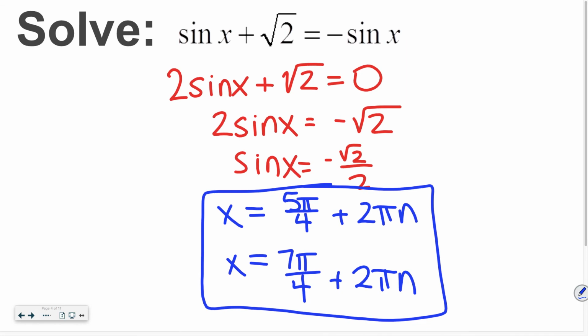We'll also look at what happens if there's a horizontal stretch or shrink where our period wouldn't be the standard, but we'll talk about that on Tuesday. And you won't actually have to recalculate the period. We'll just do algebra to adjust our answers.